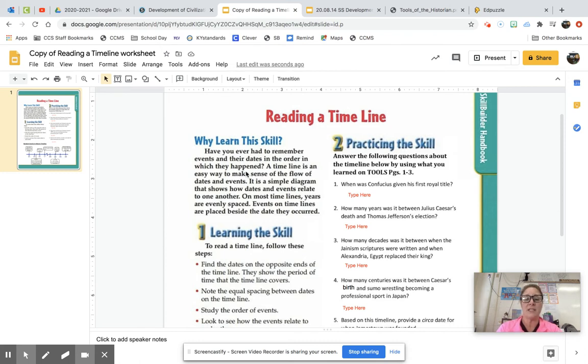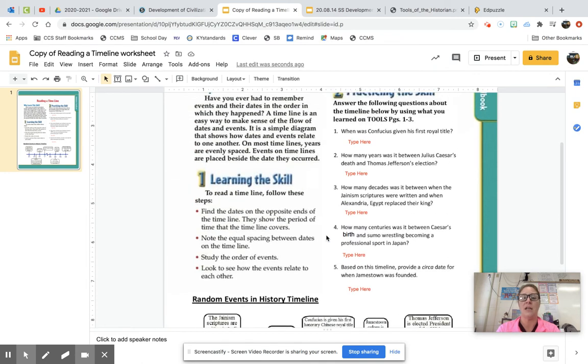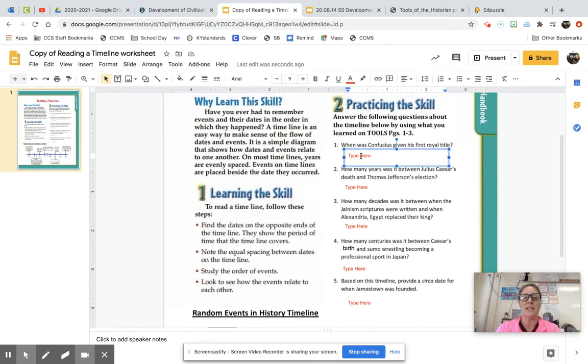For your assignment today, make sure that you read each of the items on this worksheet, including the random events in history timeline, and answer each question by typing in the box provided.